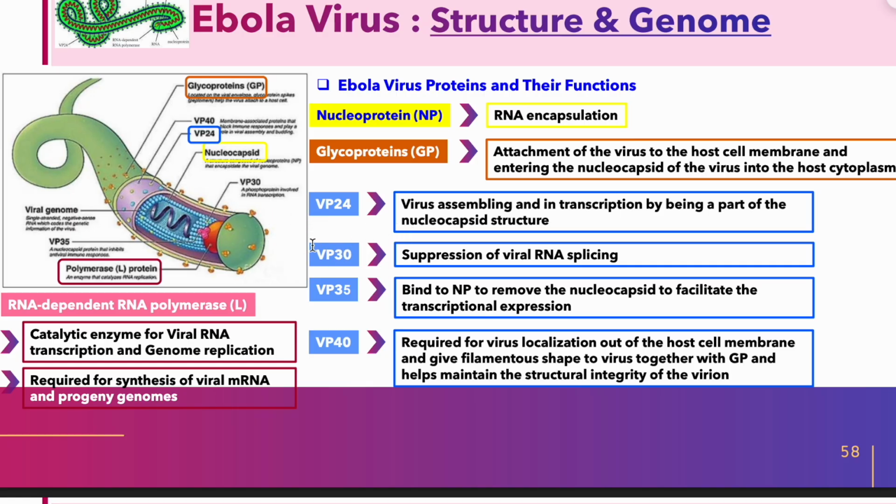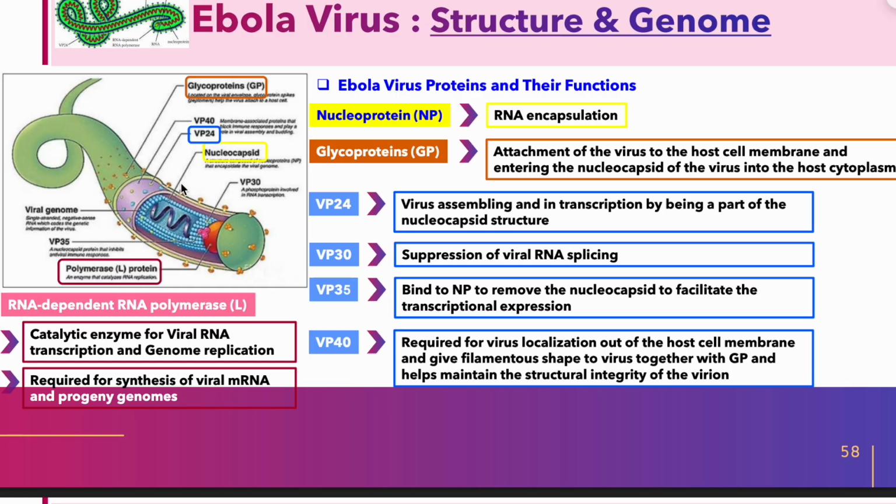And VP30 is inside here. It is used to suppress viral RNA splicing. The other one is VP35. VP35 is here. It binds to nucleoprotein to remove the nucleocapsid for transcriptional expression. And VP40 is required for the virus to exit the host cell.